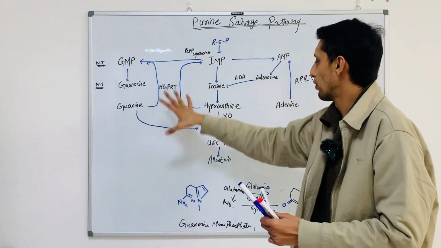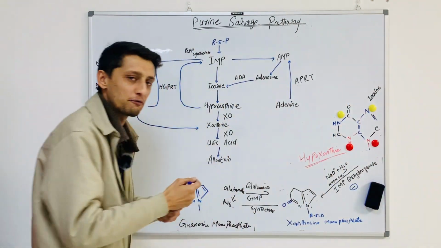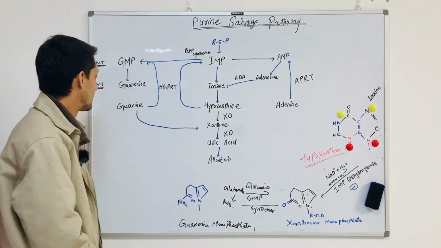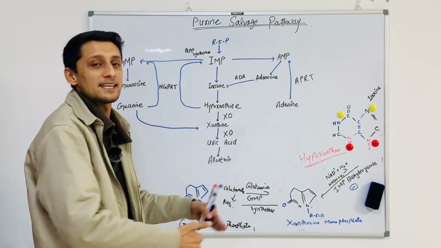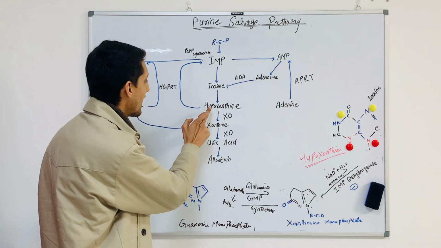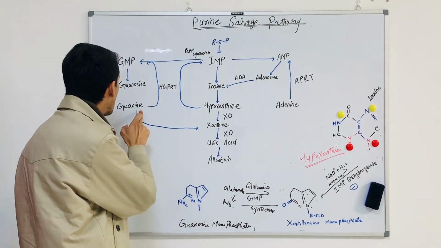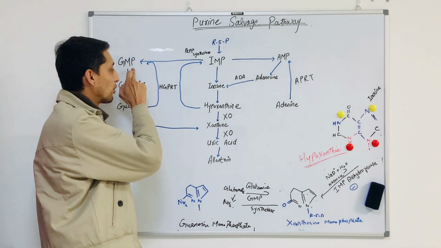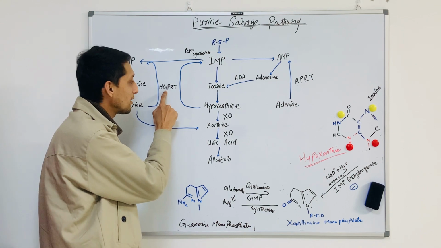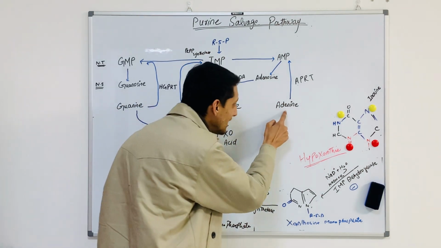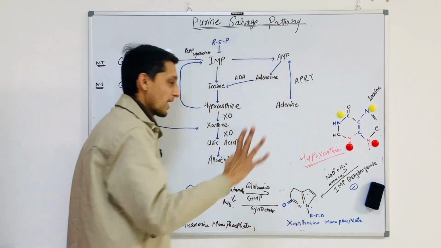Now let's move on to what actually happens. You will get the concept that the free bases hypoxanthine, guanine and adenine can be saved by the salvage pathway, in a way that hypoxanthine will get converted into inosine monophosphate and guanine will get converted into guanosine monophosphate by HGPRT, hypoxanthine guanine phosphoribosyl transferase, and adenine will get converted into AMP by APRT, adenine phosphoribosyl transferase.